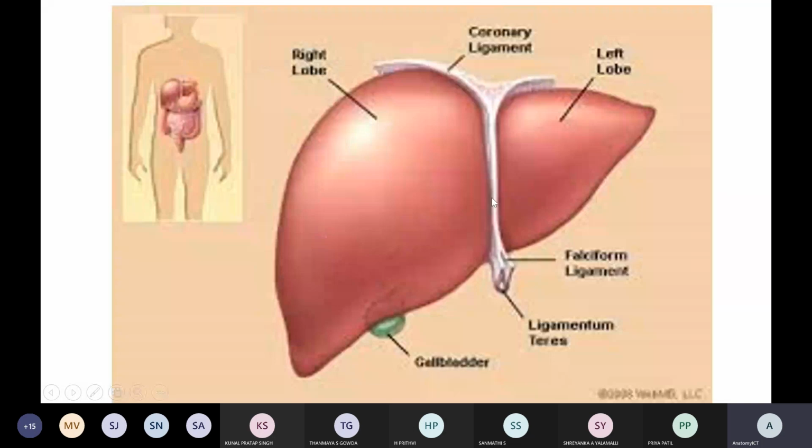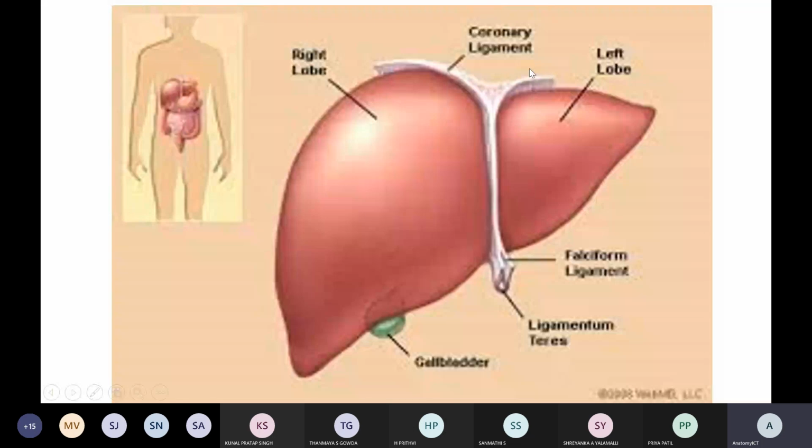This particular ligament is the peritoneum, which encloses the superior surface of the liver, and it is towards the right side and left side. So we call the right side the right coronary ligament, and the left side the left coronary ligament. That particular ligament encloses the liver on either side, and above it is attached to the diaphragm.